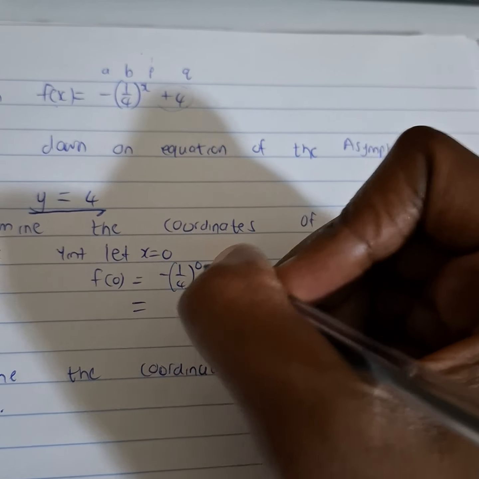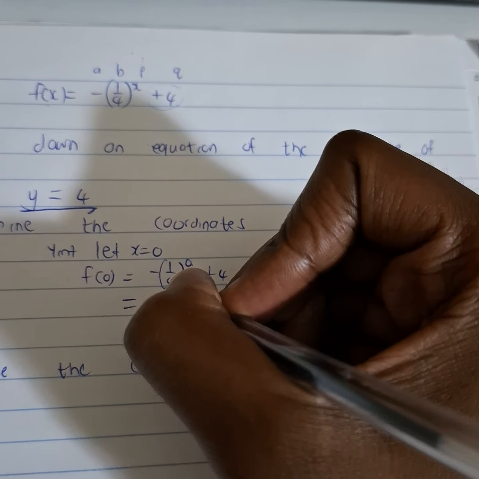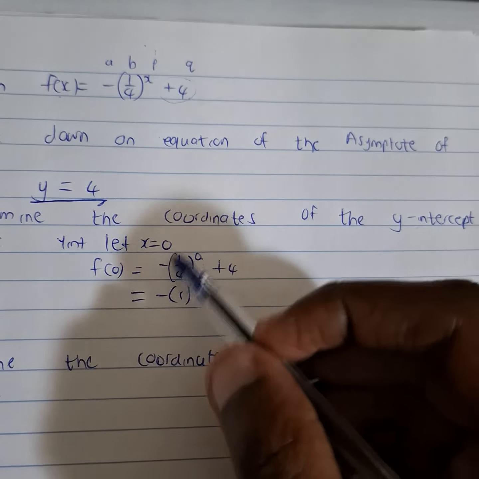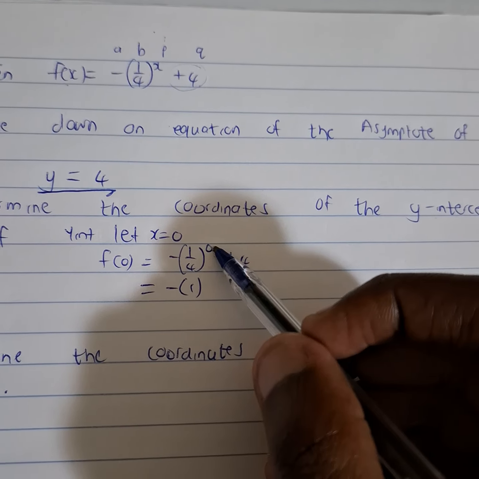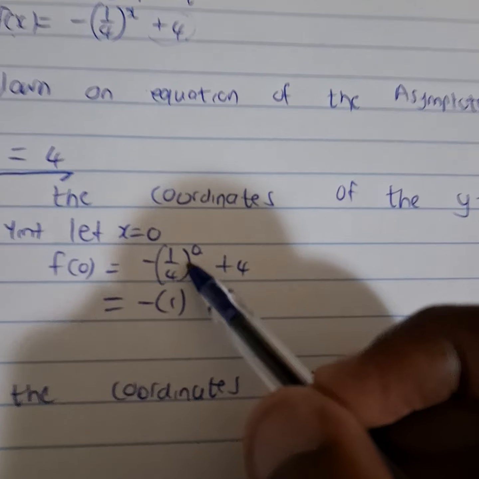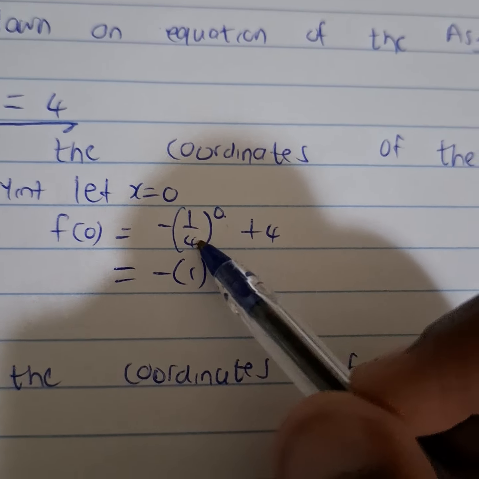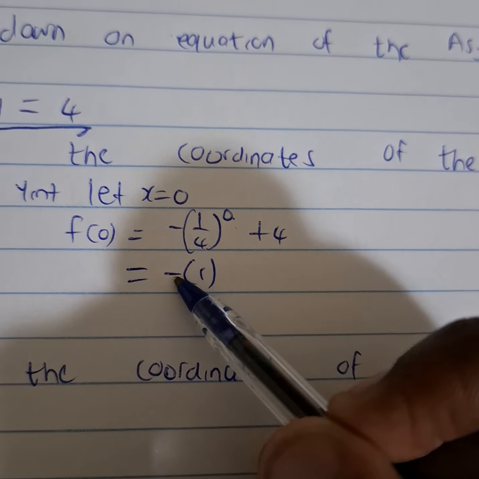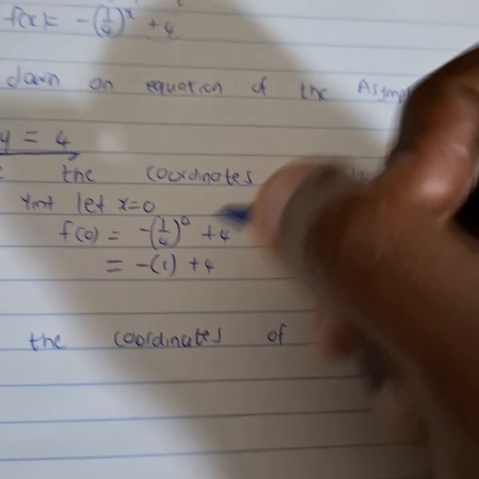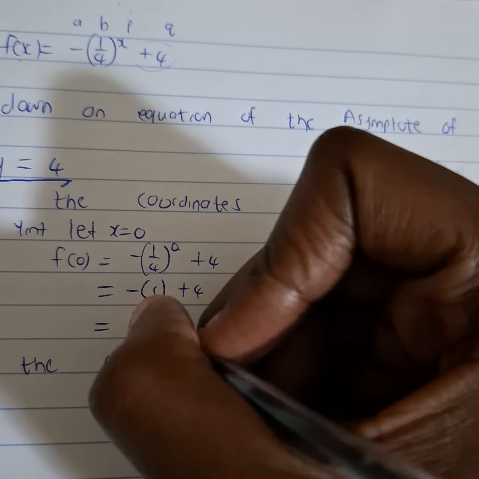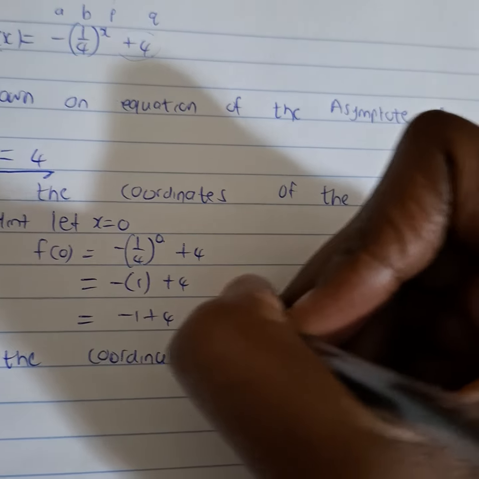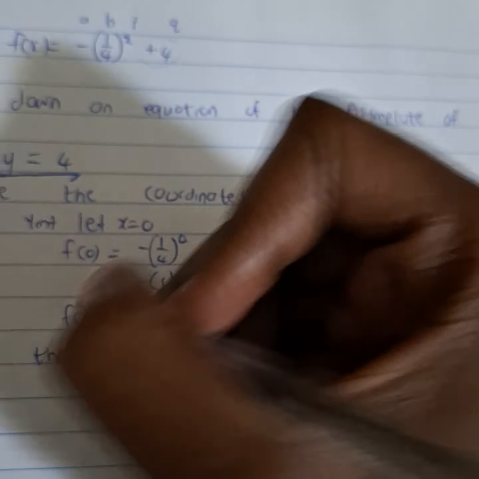So that means our exponent 0 will be applied to the 1 over 4. And obviously, any base raised to the power 0, if it is not 0, is equal to 1. And then that negative is still there. So negative 1 plus 4 is 3. So what did they say?